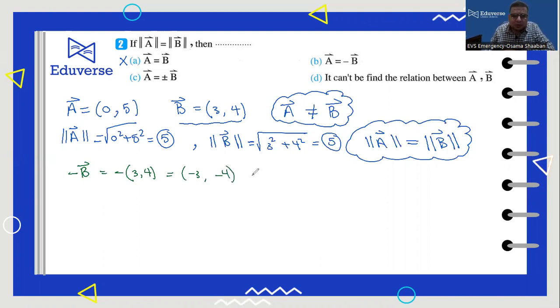Negative 3 and negative 4 is not equal to vector A. So A is not equal to vector A even when the norms are equal. So you can't choose positive or negative, you can't choose A or B. So you will choose C, which says it can't define the relation between A and B.